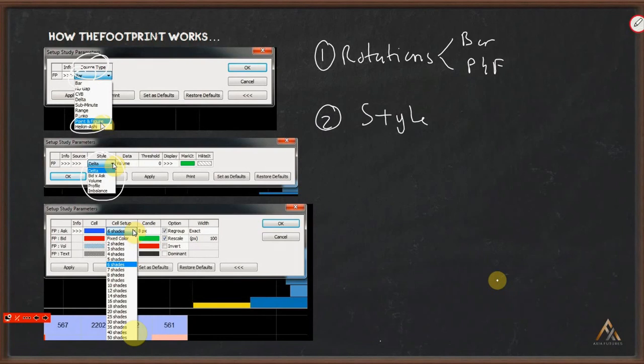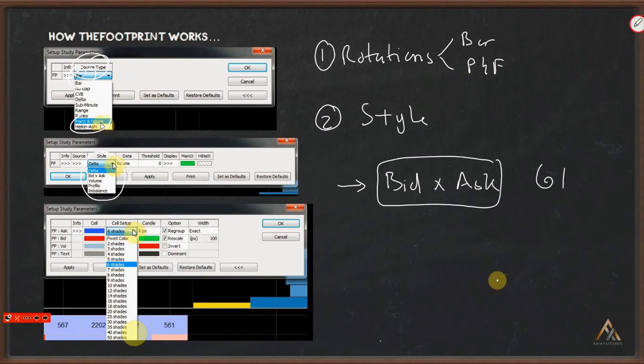The traditional one, the very first one you saw on page 1, which we'll come back to, is simply the bid times the ask. Simply put, that shows us the bid and ask at every single price, and it shows us a number at every single price. So that's the first type you can expect to see.